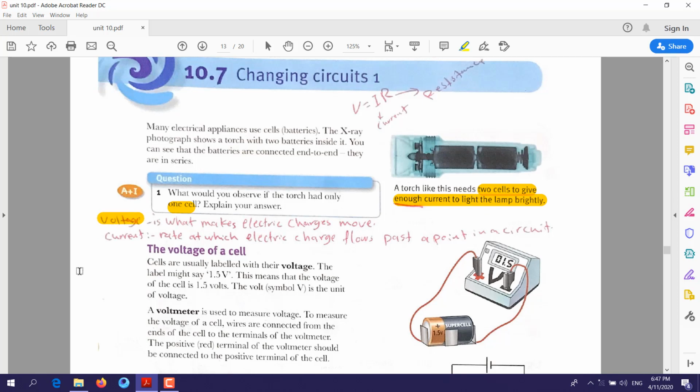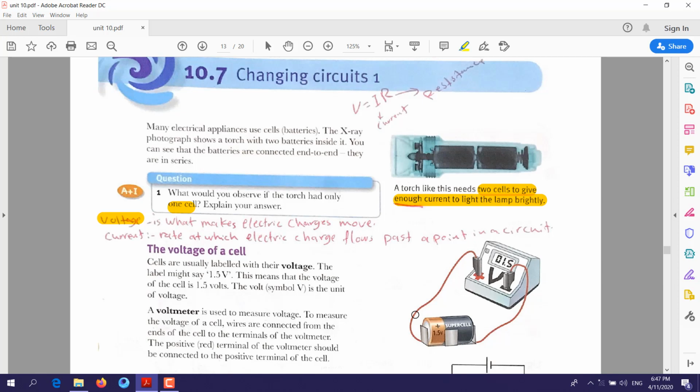A new word, voltage. It means what makes electric charge move. In other words, if we want to give another definition for it, we will say it's how strong the electric current is, or the strength of electric current.